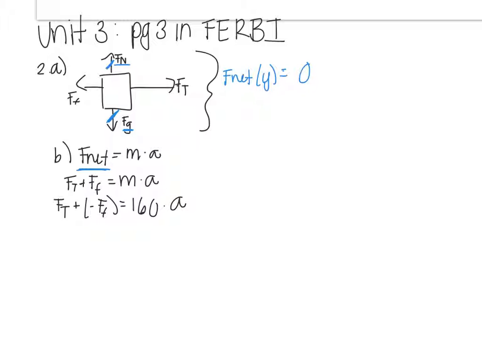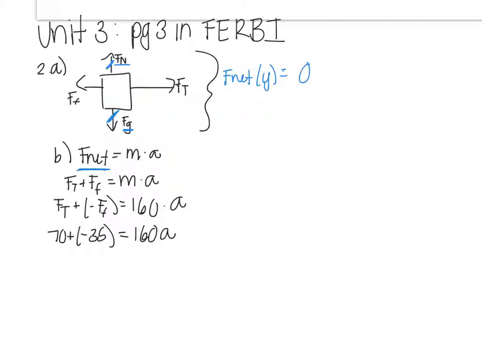So do I know F of T? Yes. They tell me the force of tension is 70 newtons, and they tell me that the force of friction is a negative 35. Well, it says 35, but I know my force of friction due to my FBD is negative, is equal to 160 a. 70 minus 35, do that in your calculator.